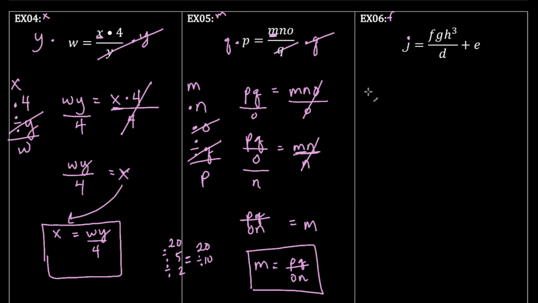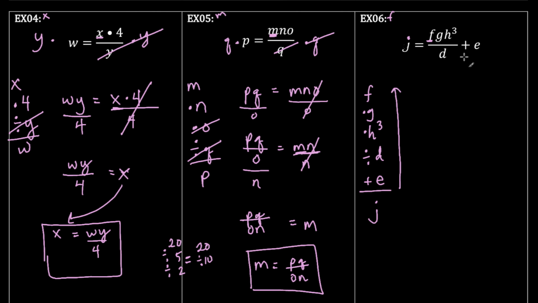All right, so we are solving for F in this one. So we had F, which is right here. We multiplied by G, multiplied by H to the third. Then we divided it by the letter D, and we added E. We got to the letter J. Remember, we changed that to J. So remember, we use inverse operations going backwards.